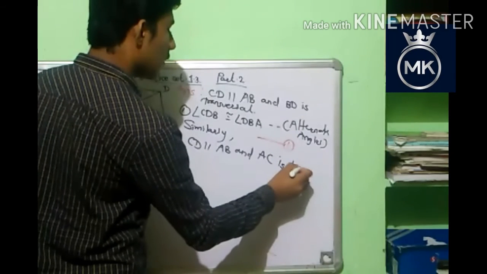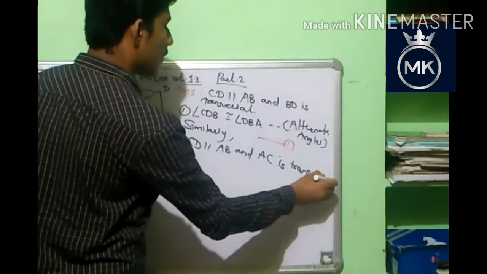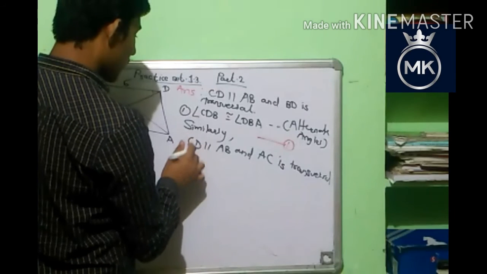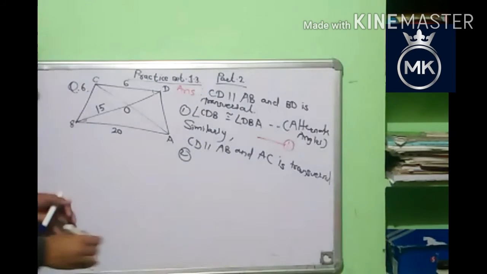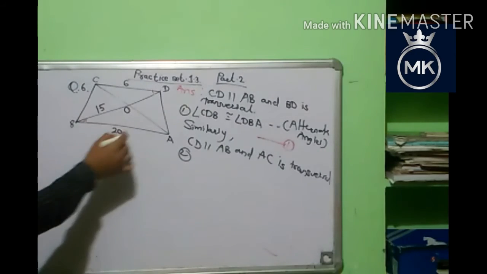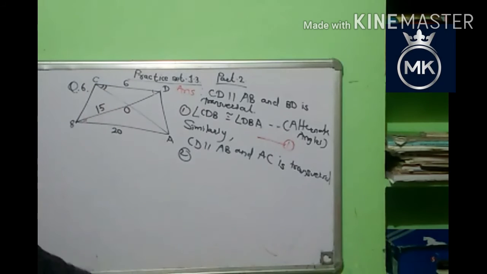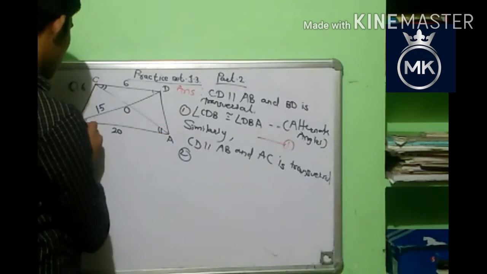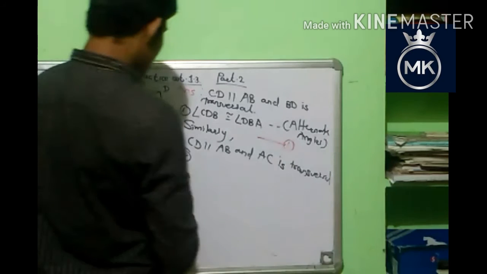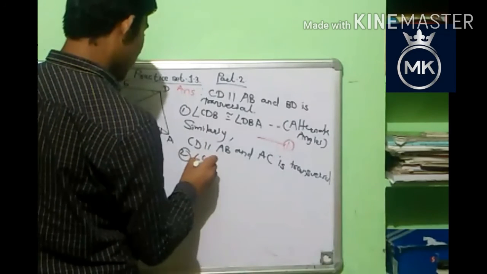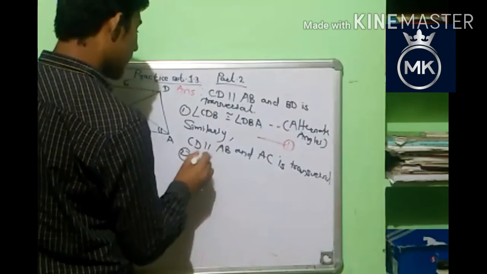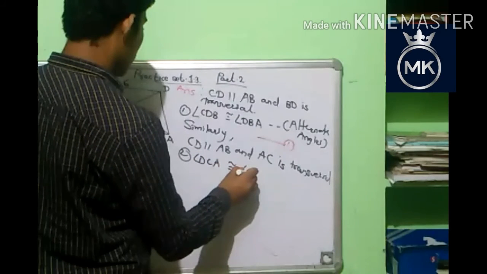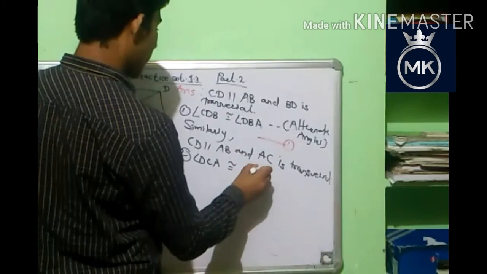So the second pair is angle DCA congruent to angle CAB.